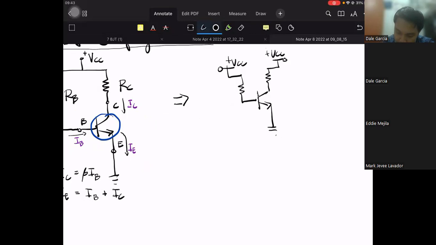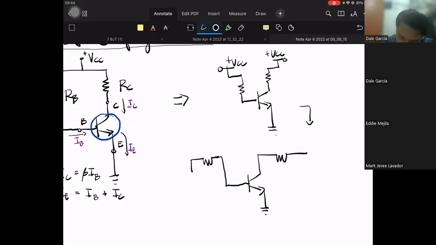So, it will look something like this. Si emitter connected sa ground. And we'll use the symbol that we're comfortable with sa DC source. This one.